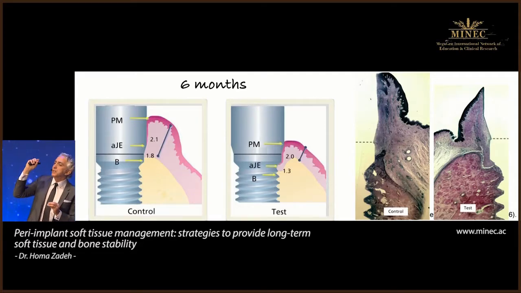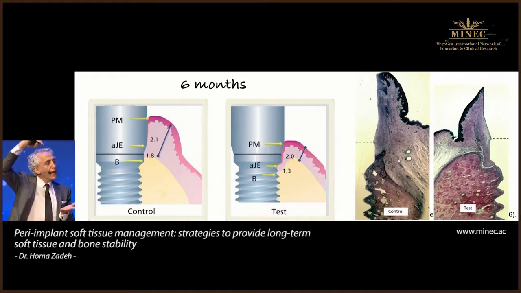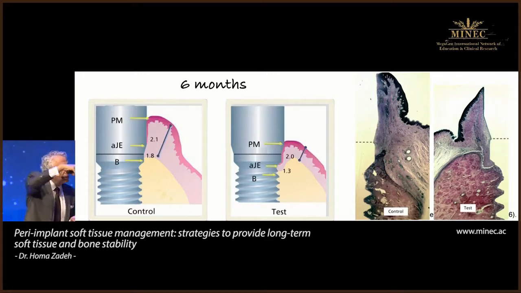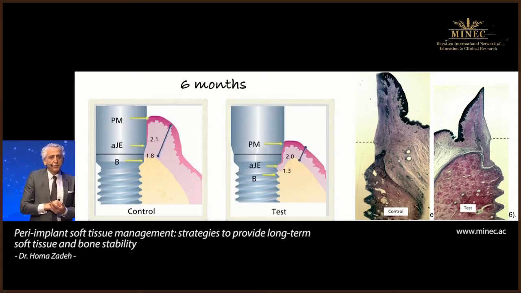Where the mucosa is thin, it's not possible to establish biologic width within that parameter. So what happens is that marginal bone loss occurs, so part of the biologic width continues subcrestally.